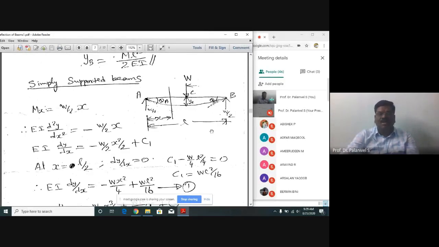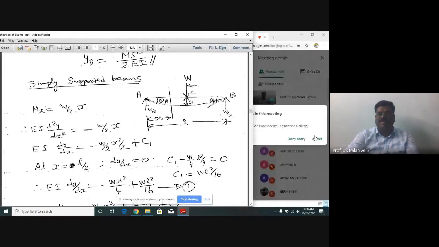Do I know the value of slope anywhere along the length of the beam? Just think. Come to the center. At the center, the slope is 0, horizontal. The beam is horizontal. If I draw any tangent to the beam at a point at the center, the tangent will be horizontal.